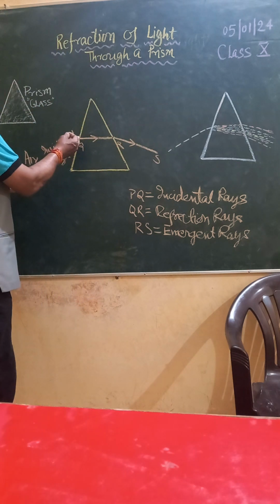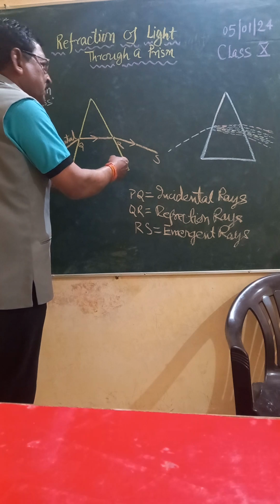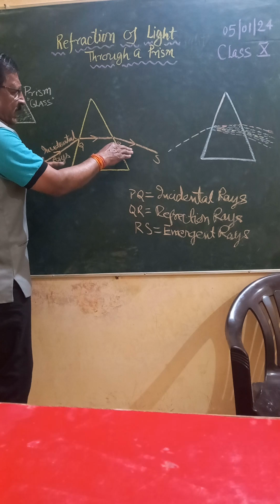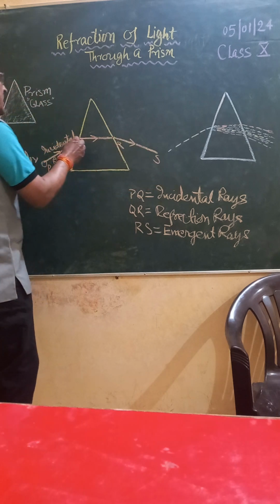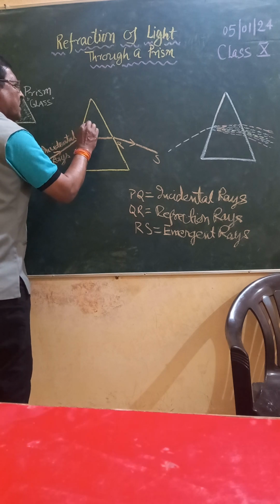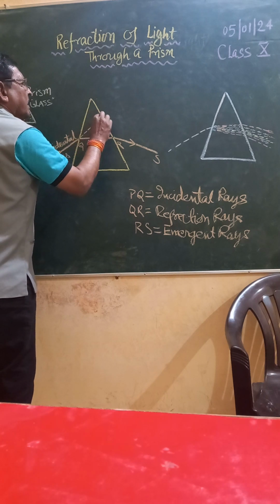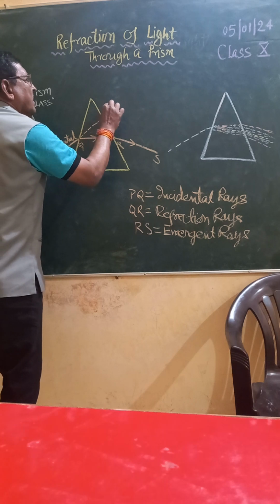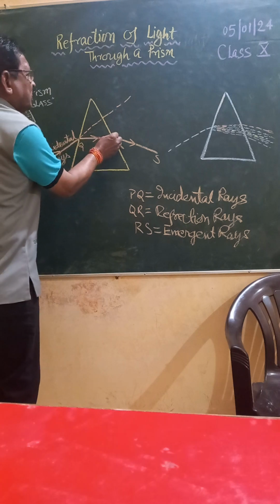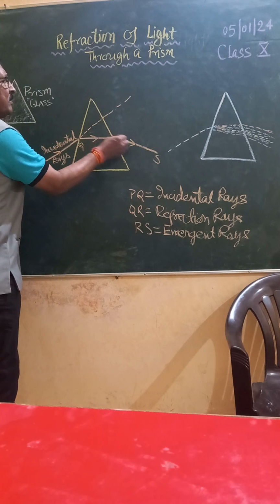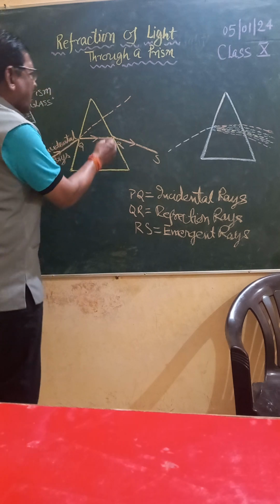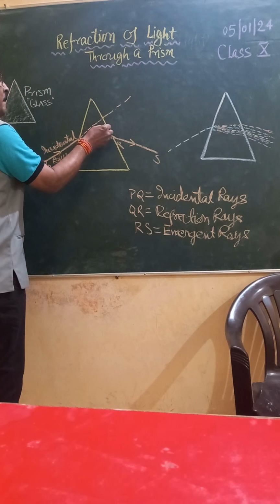It is traveling straight, it finds another medium, so it deviates and is again emerging in a different direction. Had it been straight, suppose this ray goes straight like this, and this ray also, this is called the emergent ray, where refraction takes place further, and if we push it back, here.